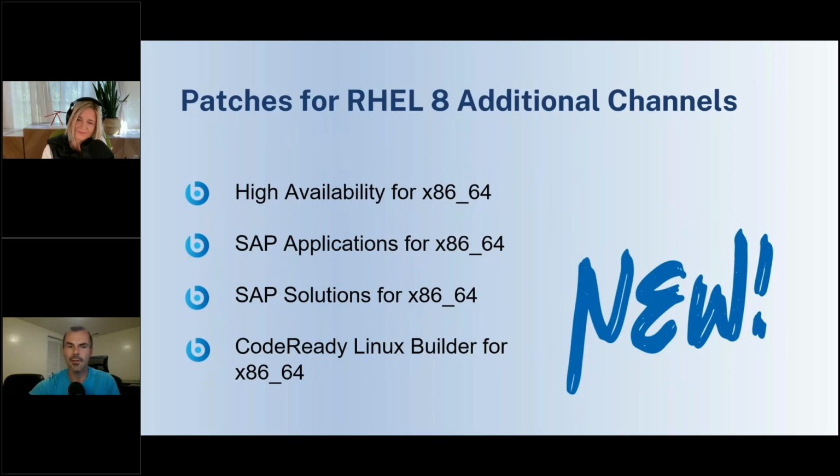These are for separate editions of Red Hat. They're essentially side operating systems. So there's Red Hat Enterprise Linux for high availability. And that's just kind of a tweaked operating system that has different things installed by default and a separate patch channel. And we haven't had support for those until now.